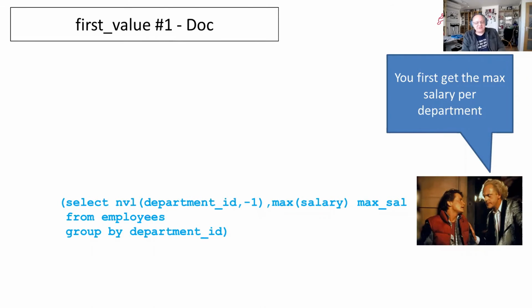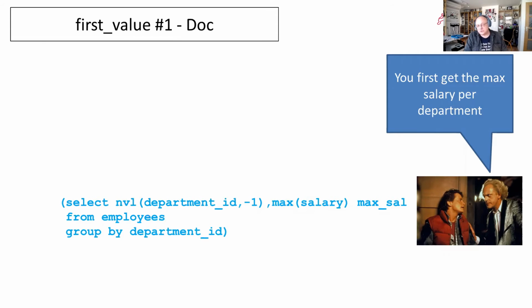Okay, no, serious. Obviously, we have to first find out what the highest salary per department is. So we go to the employees table, group by department ID, and get the max salary for that department.